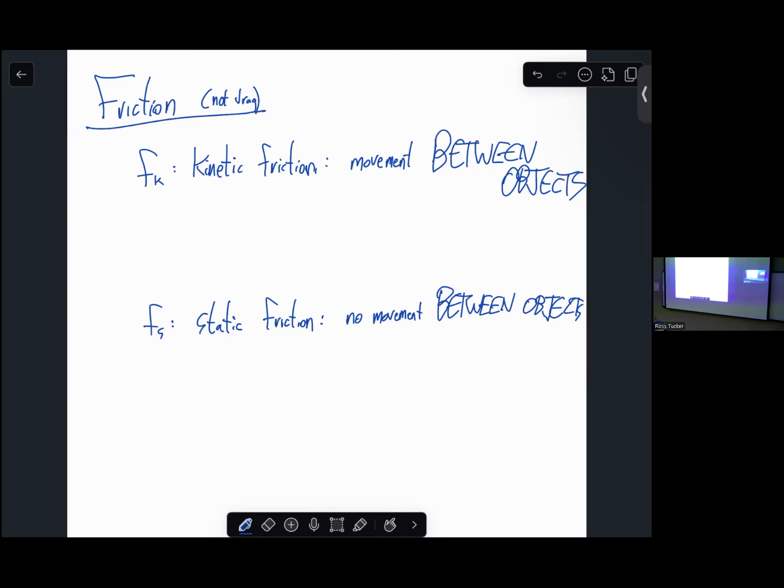Do you think that friction is to the right or to the left, or not at all? Seems like it's about evenly split.